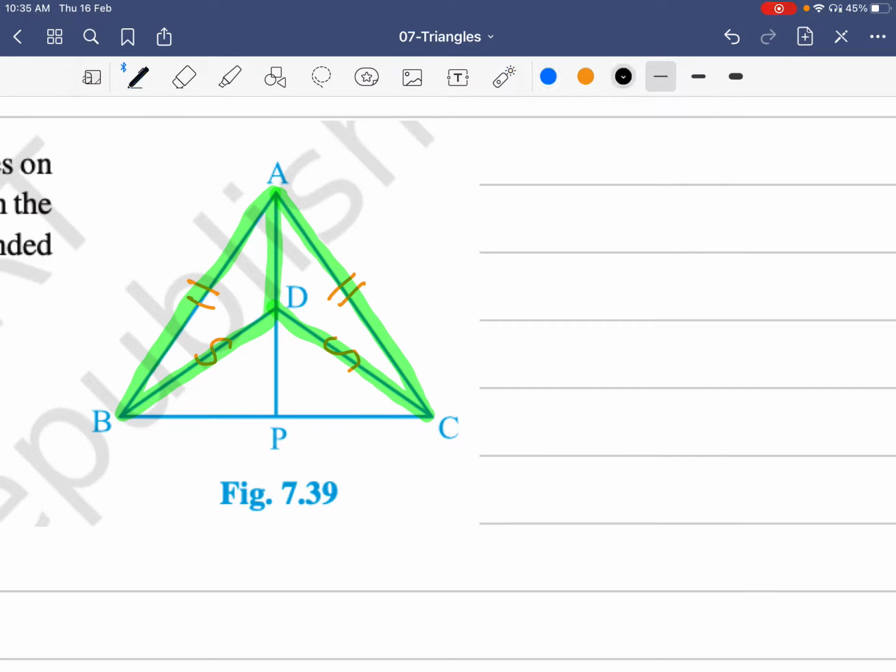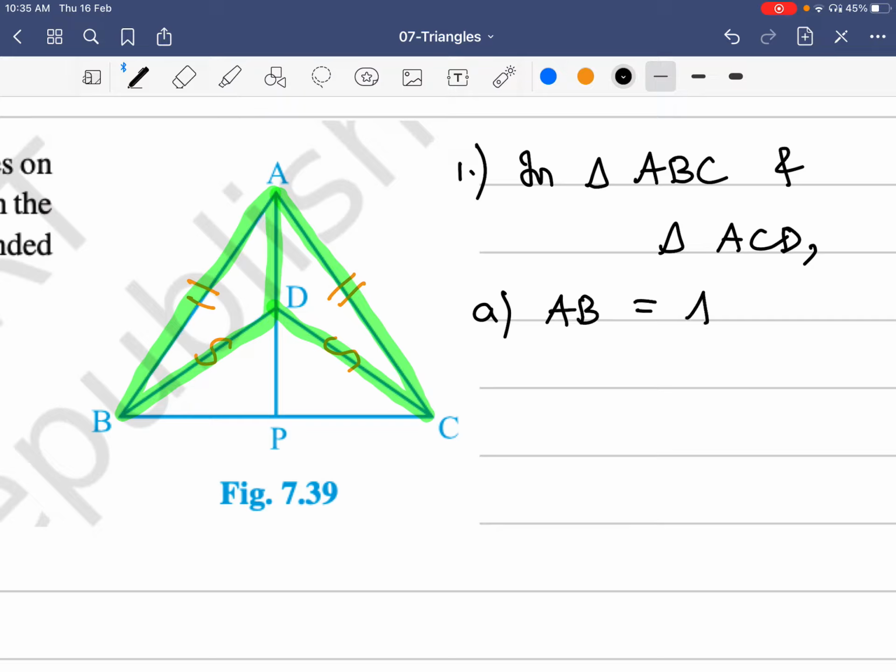So I'm just going to quickly make a note of this point. In triangle ABD and triangle ACD, we have AB equal to AC, first point. Then second point, BD is equal to CD. Both of these are equal sides of two different isosceles triangles: the big triangle ABC, and the small one DBC.